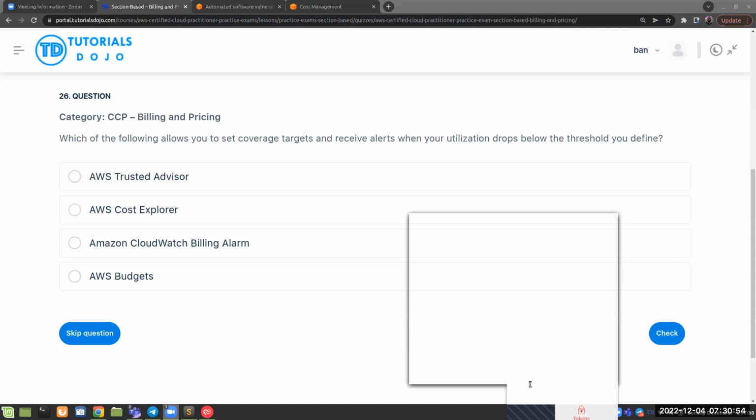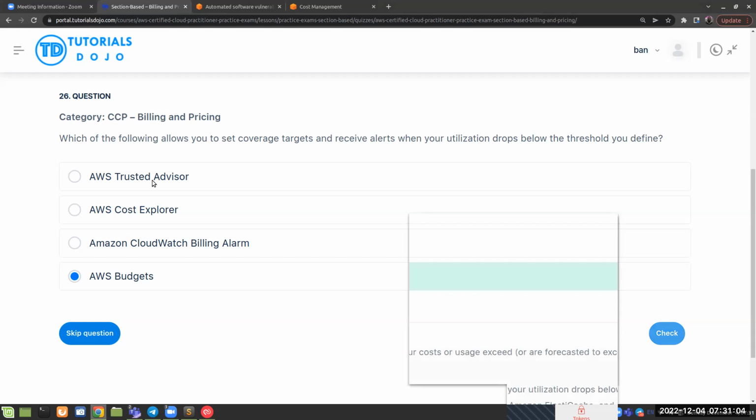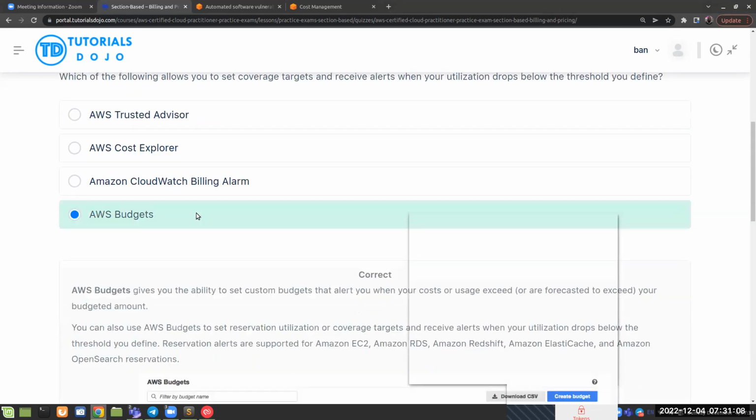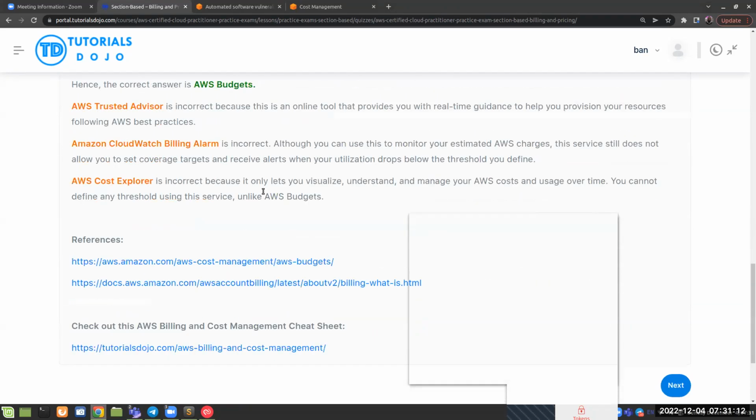Yeah, AWS Budgets. Thank you. Yeah, I see the majority say Budgets. So you have to know what Trusted Advisor is as well, what Cost Explorer is, and the Amazon CloudWatch billing alarm. Now, what's that?